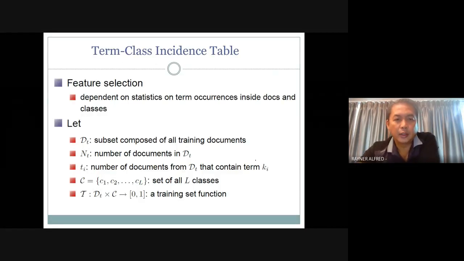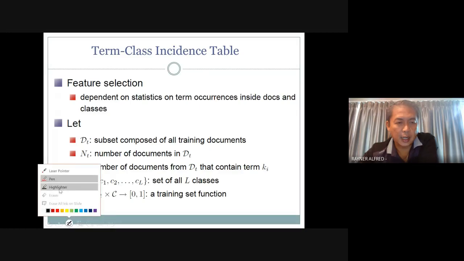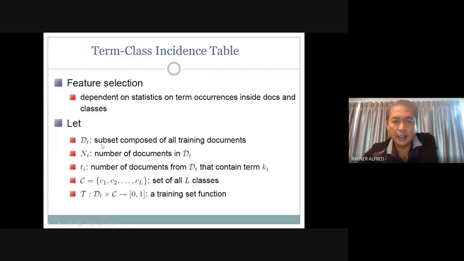Okay. So the whole idea is we look at the term occurrence for the document. In this slide, we are looking at the subset that is composed of all the training documents. So this is all your training document, and we also have the number of documents that we have. And TI here is the number of documents from the subset that contain term KI.